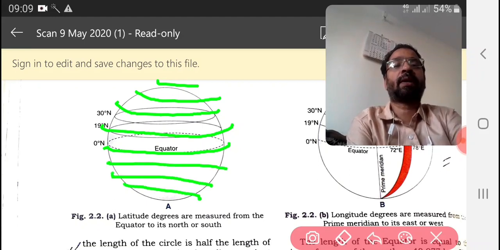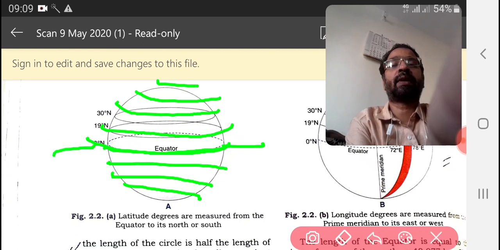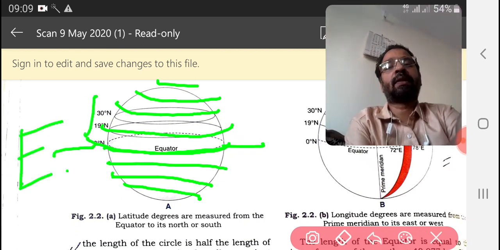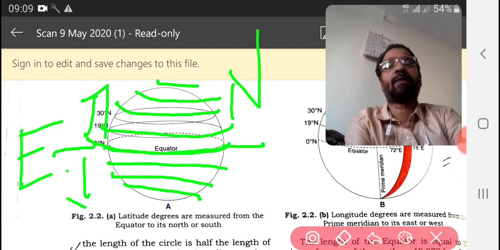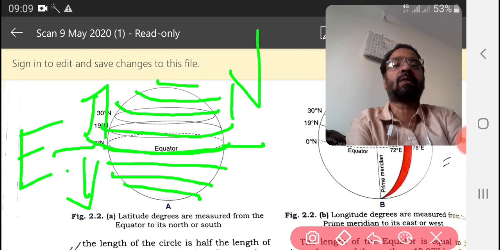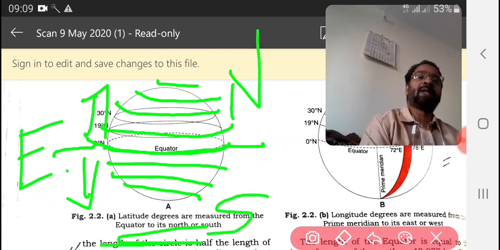This part, 0 degree, what is it? That is the equator. Top of 0 degree we can say the northern hemisphere. Bottom of 0 degree, we can say the southern hemisphere.